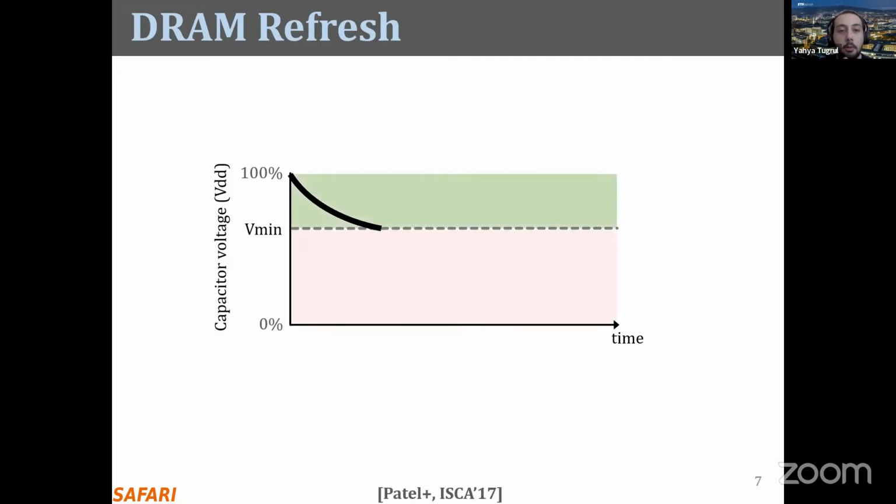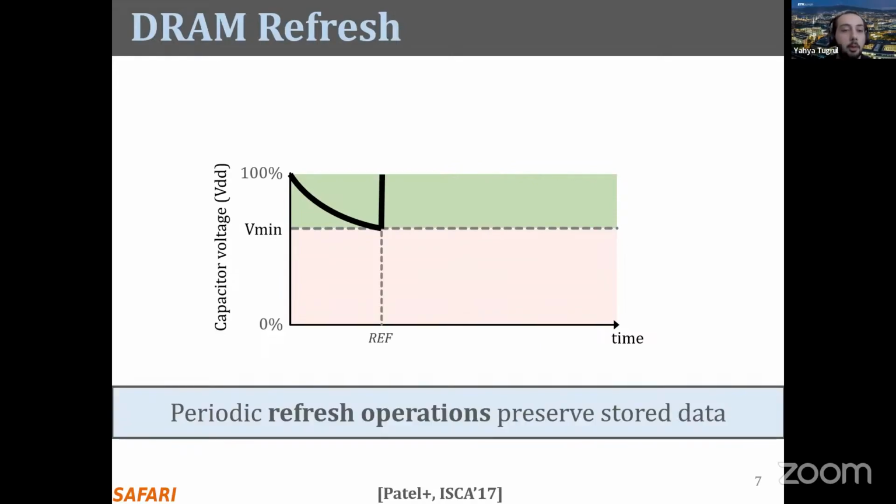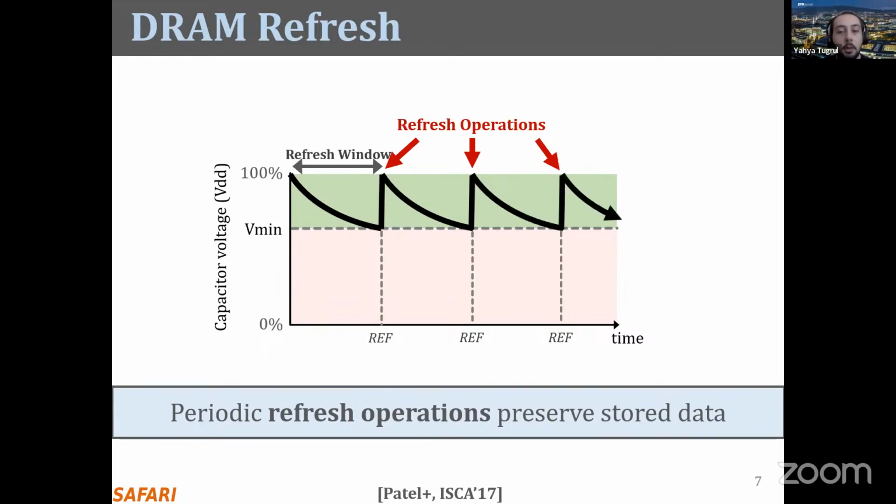However, as soon as we go below this line, we consider this a retention failure, and we see a bit flip. In order to prevent these retention failures, periodic refresh operations are issued to recharge the capacitor voltage, and the time interval between the refresh commands is called a refresh window.